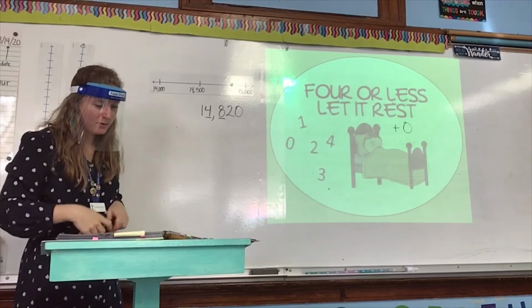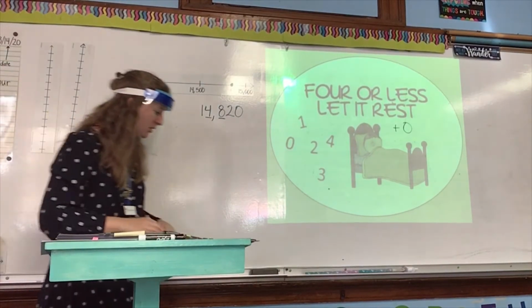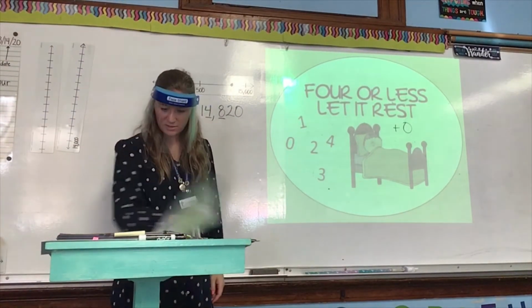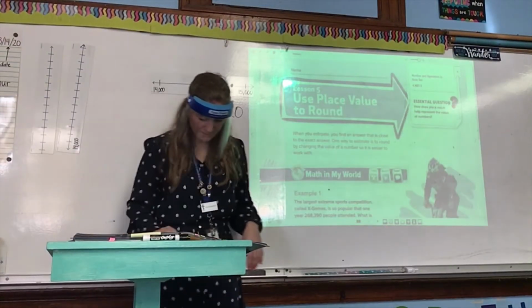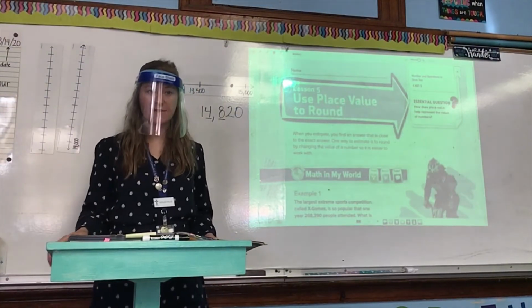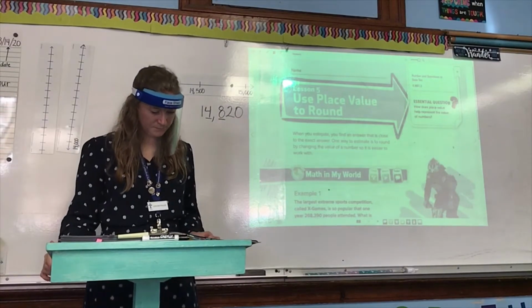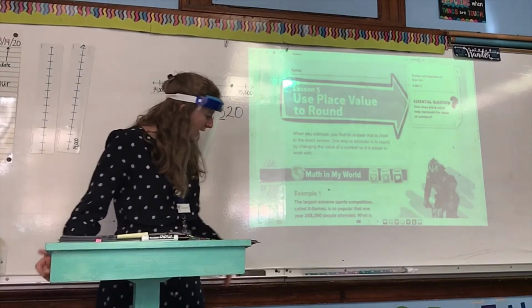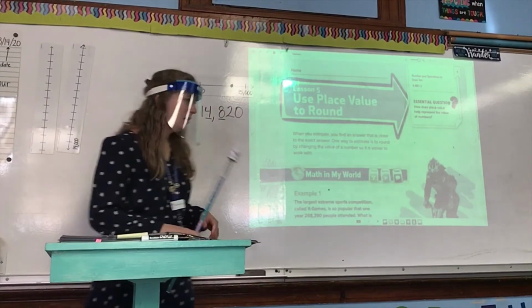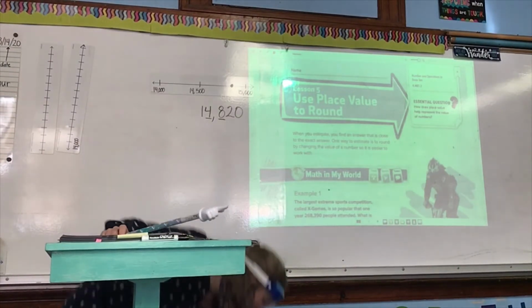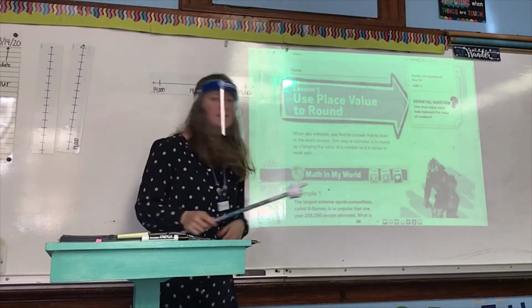Now, go ahead, open your books to page 37. Okay, so you should be on page 37 in your book. Now let's look at the paragraph under the title. Go ahead and read, Kingston.